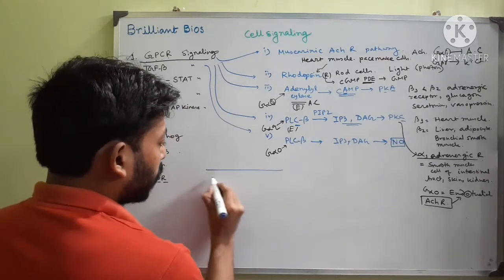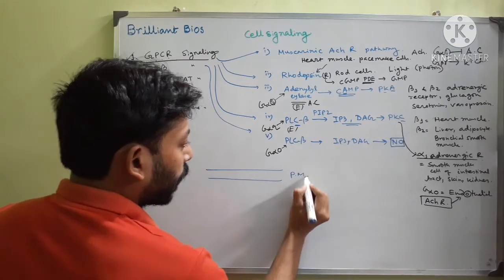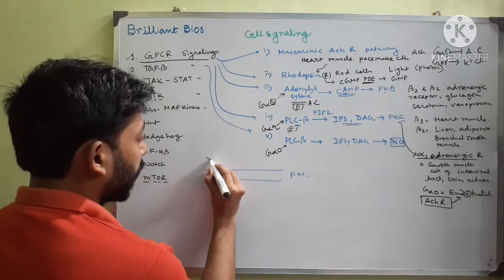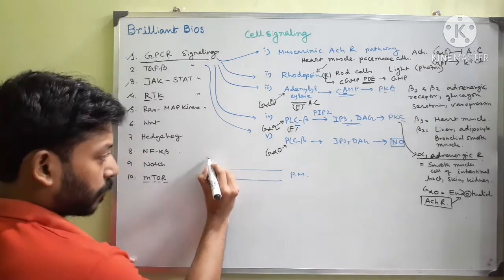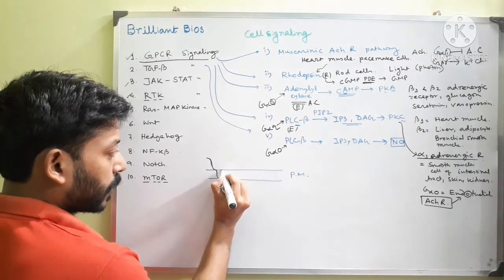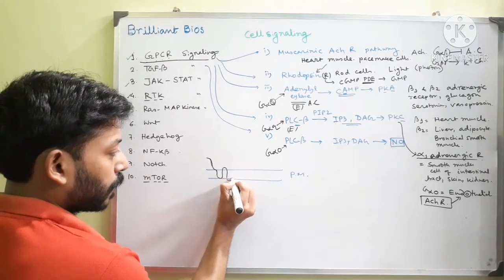So, let's suppose this is the plasma membrane and this is a G protein coupled receptor. I have mentioned in my previous class that it has an N-terminal extracellular domain, then 7 transmembrane domains.